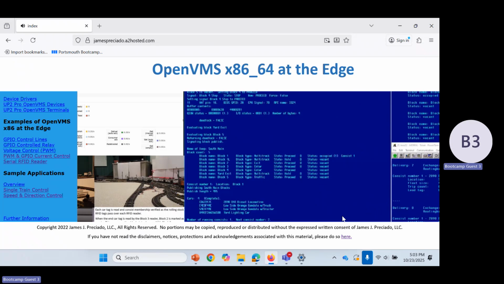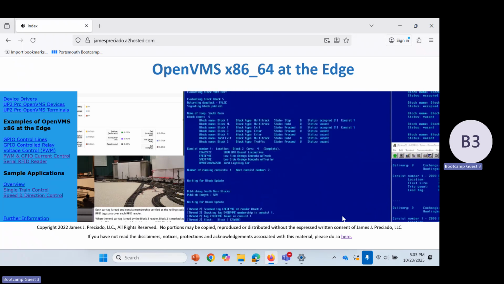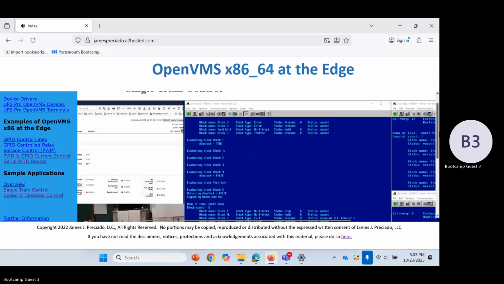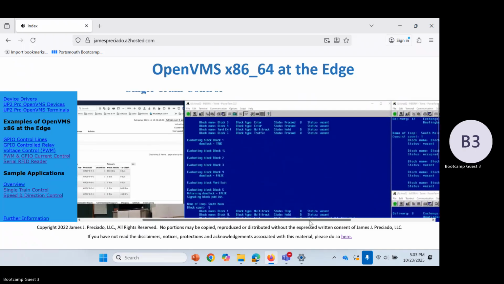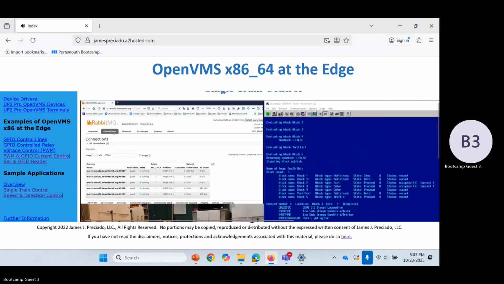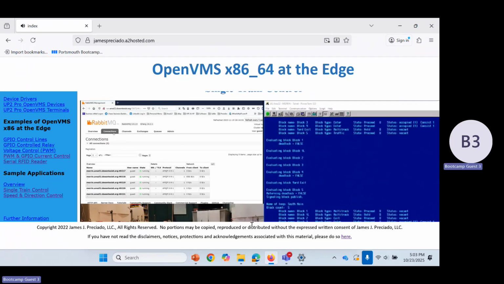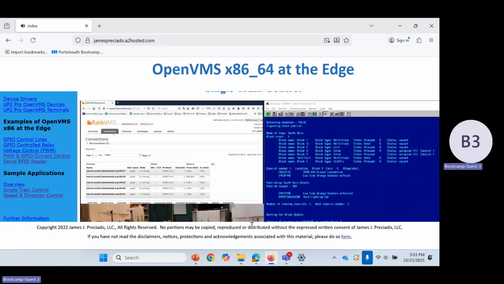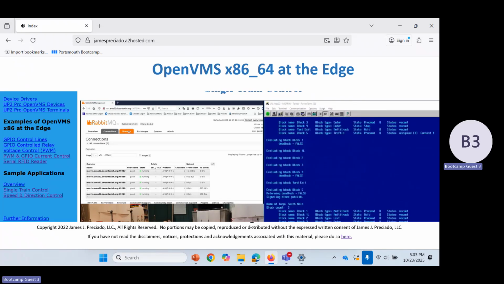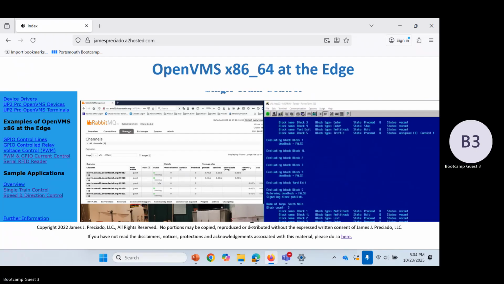And if I scroll up a little bit, these are the actual connections that show the VMS data going in and out of RabbitMQ, which is on the Linux box for distribution.